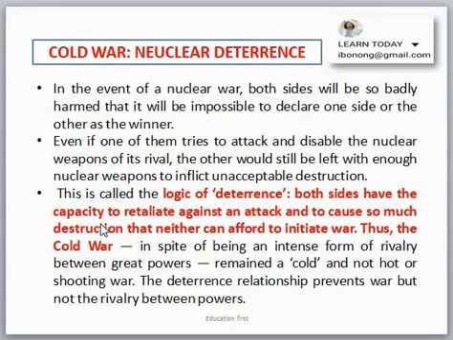Both sides have the capacity to retaliate against any attack and to cause so much destruction that neither can afford to initiate a war. Thus the Cold War, in spite of being intense, remained a cold and not a hot shooting war. Thus, the deterrence relationship prevents war, but not rivalry between the powers.